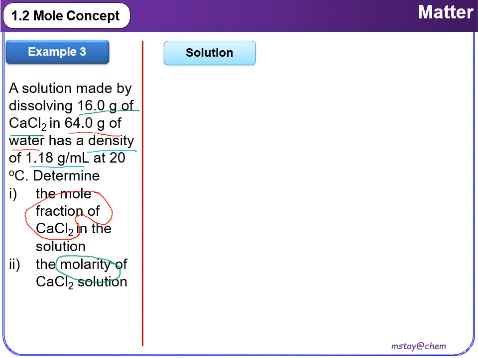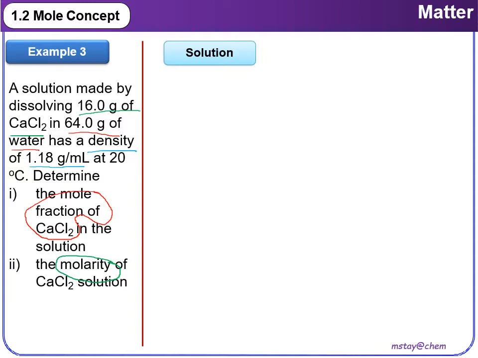So based on the information given here, we need to determine mole fraction and also molarity. That is why it is important to remember the definition of each concentration measurement. If you have no idea what the definition is, you will not be able to write out the formula and you cannot continue to do the calculation.